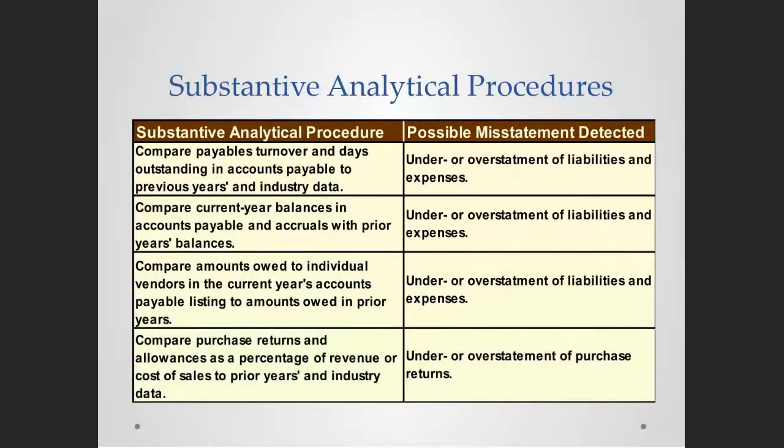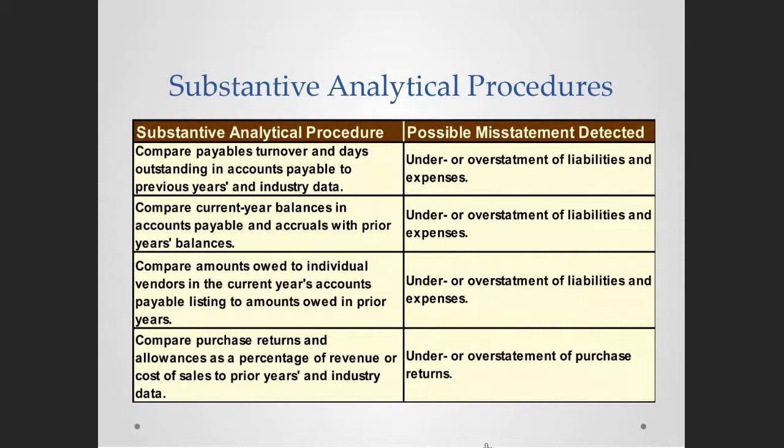Okay. So now here we are done with the third one. The last one of the substantive analytical procedure says compare purchase returns and allowances as a percentage of revenue or cost of sales to prior years and industry data. Now, the returns, the purchase returns, right? They're usually shown on the financial statements.